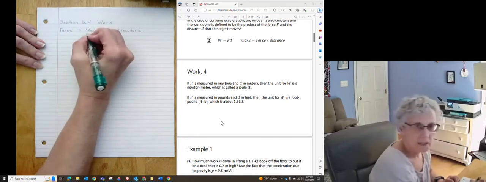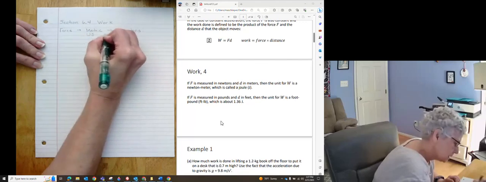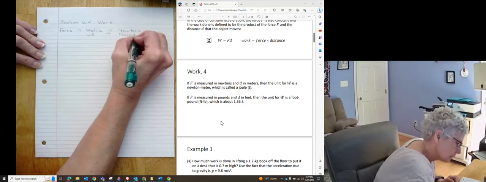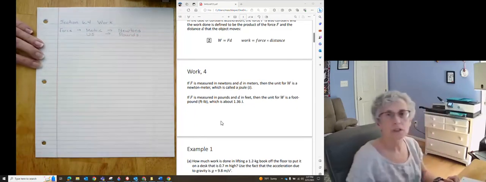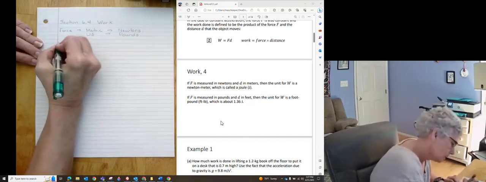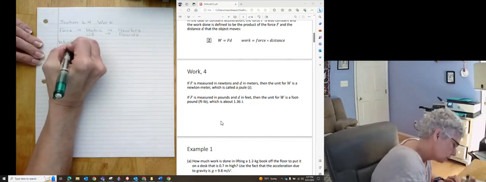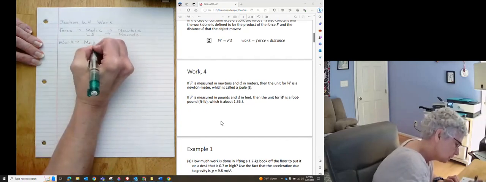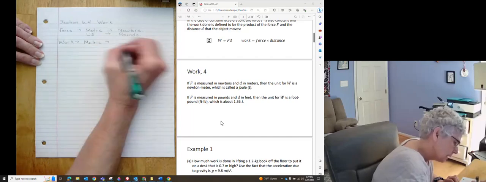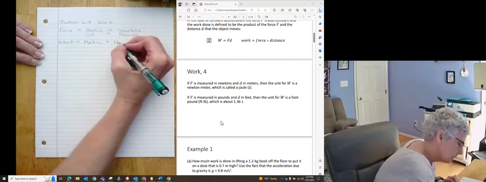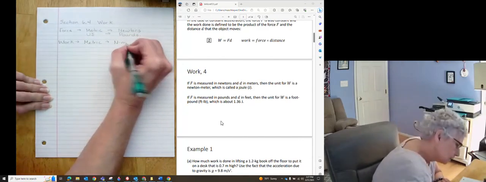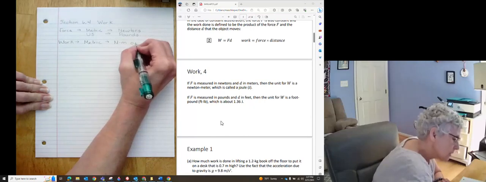In U.S. customary, the units for force are pounds. For work, in metric, our units are Newton meters, or joules.